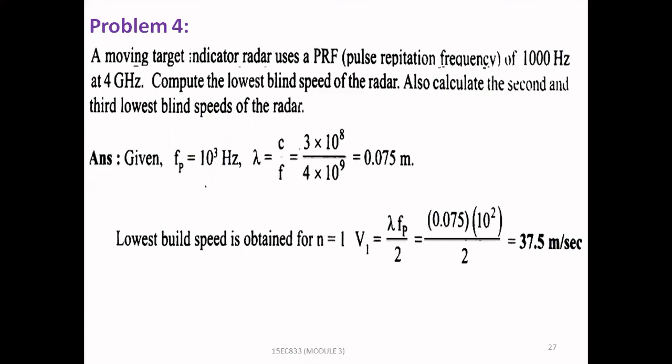Lowest blind speed is obtained for n equal to 1. Then V1 equal to lambda Fp by 2 equal to 0.075 into 10 to the power 3 divided by 2 equal to 37.5 meters per second.